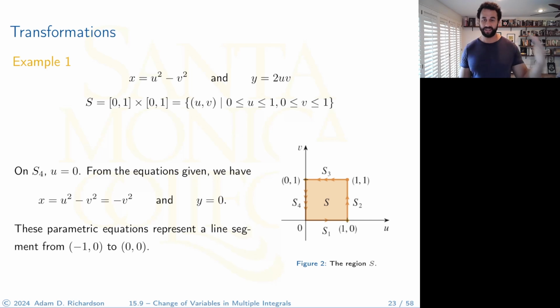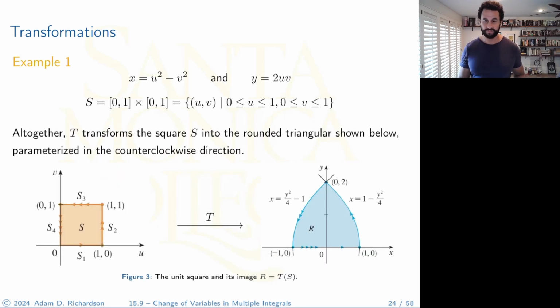Now, putting it all together, we get this. This is what it looks like all together. S1 went like this, and the image of S1 looks like that. S2 went like this, and the image of S2 looks like this. S3 went like this, and the image of S3 looks like that.